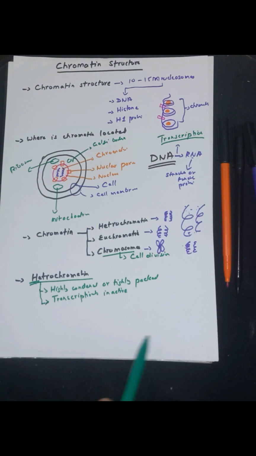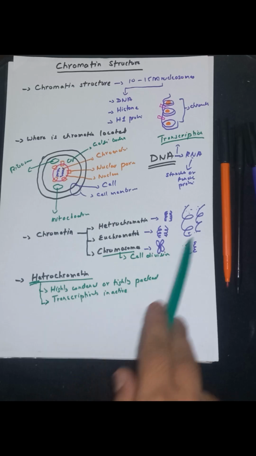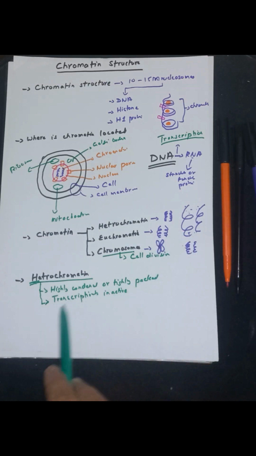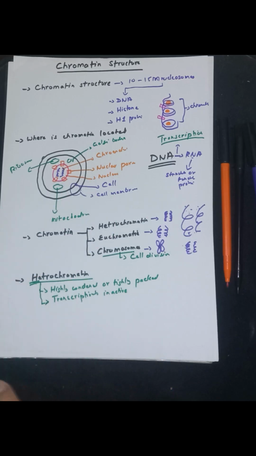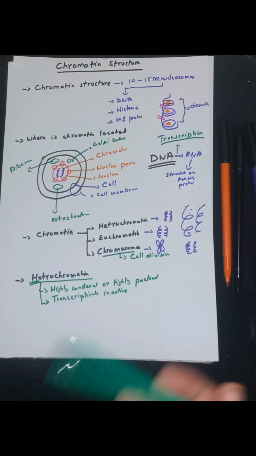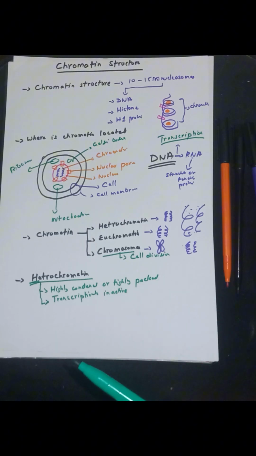Now you guys know very clearly what this means. Highly condensed means it is highly tight, so that enzymes cannot work on it and cannot do transcription. No transcription, no RNA, and thus this DNA is inactive, or this chromatin is inactive. It is not working. You can say it is a mute DNA here. That is exactly what is written in your USMLE book if you are studying from that.